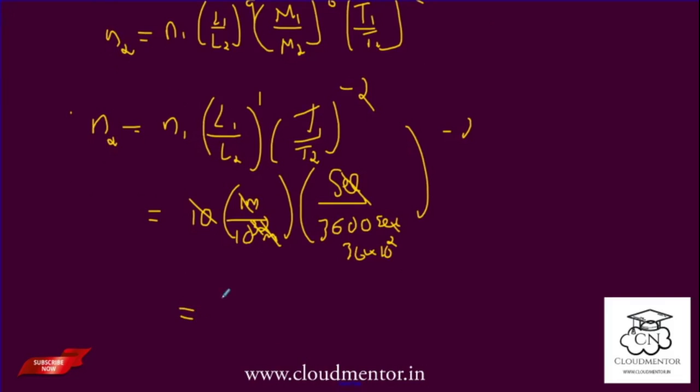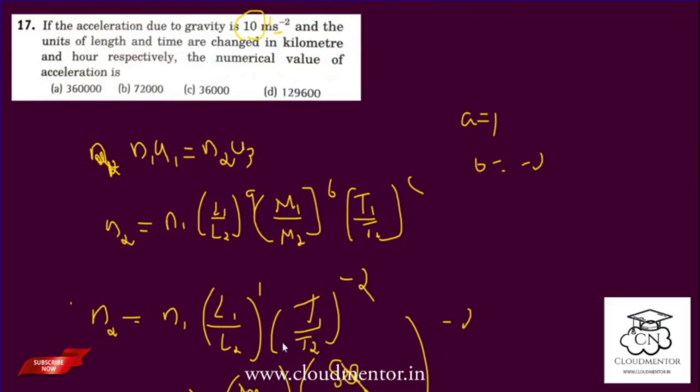So after calculation we get 1,29,600. So that's the answer. So option D is the right answer.